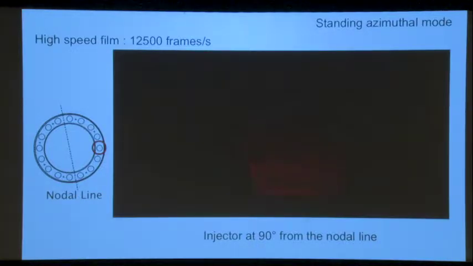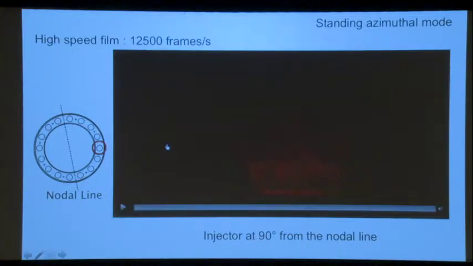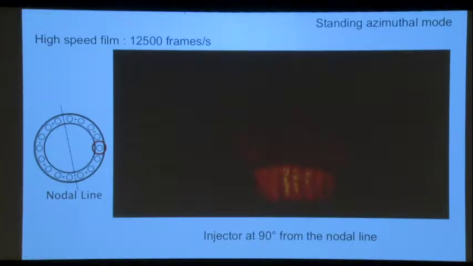You see there is a pulse of heat release taking place at a moment in the cycle. It's quite visible here. Let's do it again. Yeah, here, that's the pulse. So at one point in the cycle, there is a strong pulse.